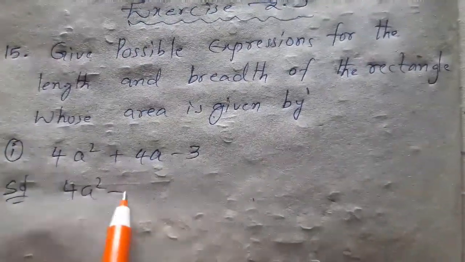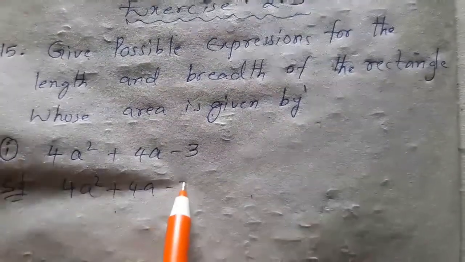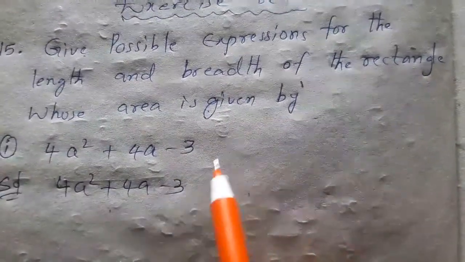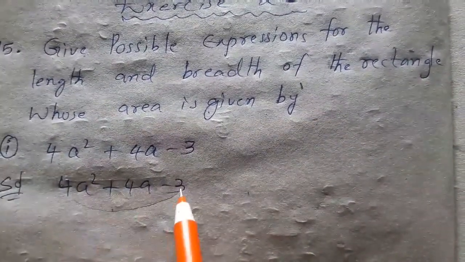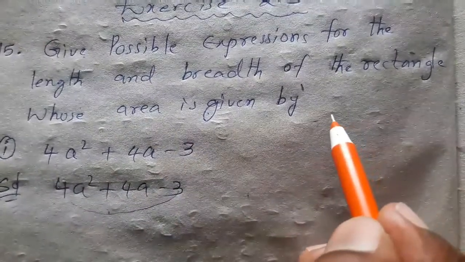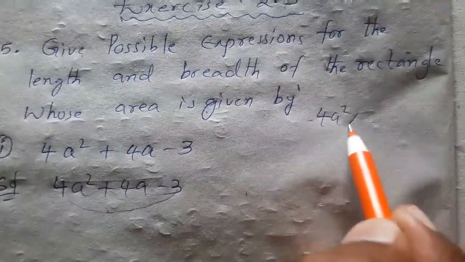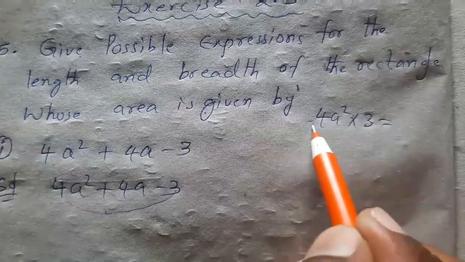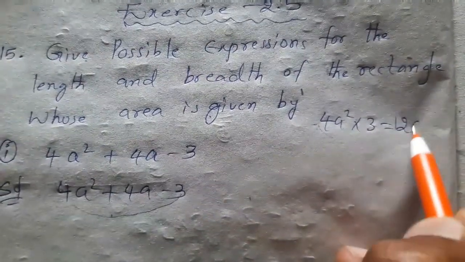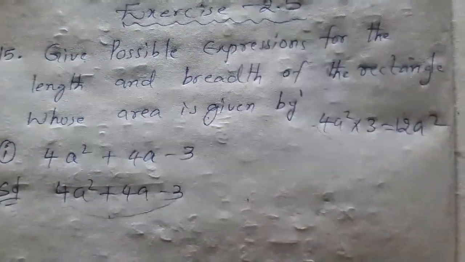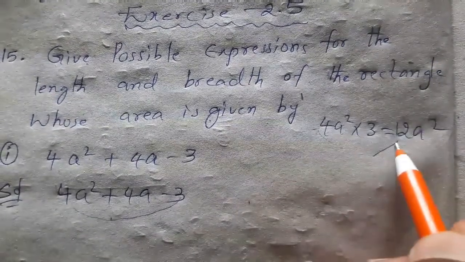What is given? 4a square plus 4a minus 3. Now multiply these two: 4a square into 3 becomes 12a square.